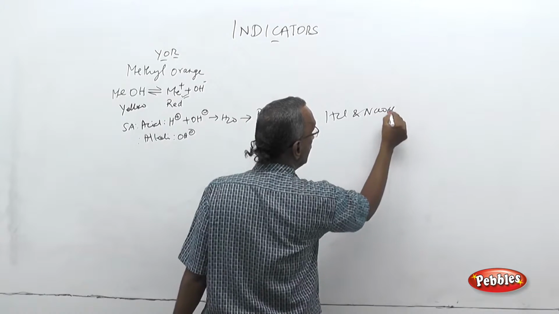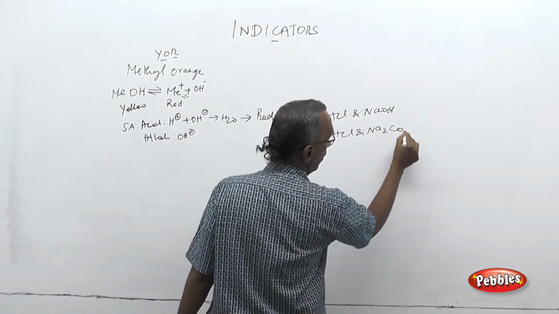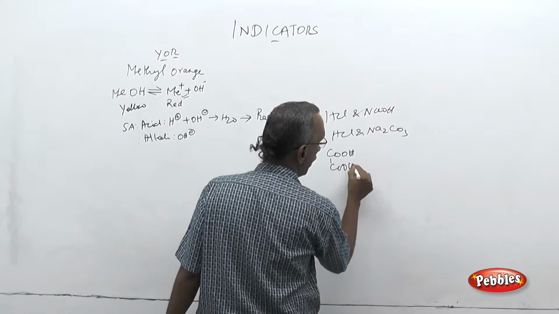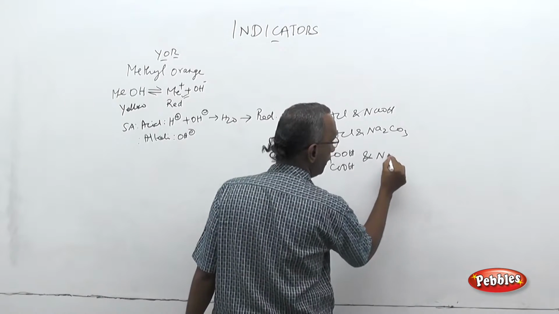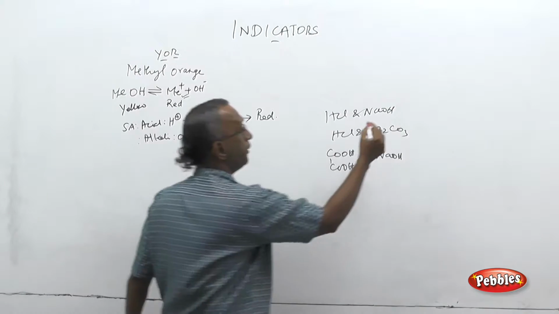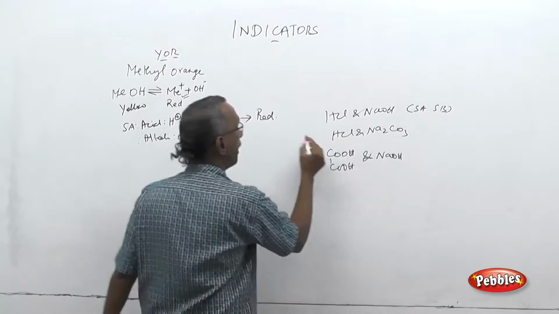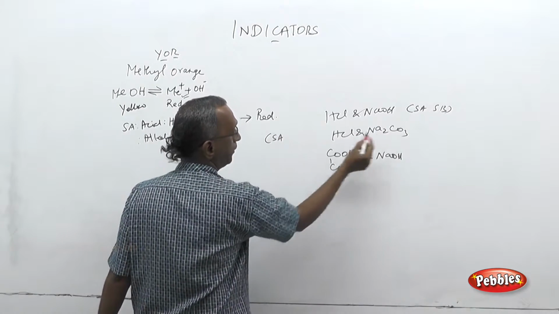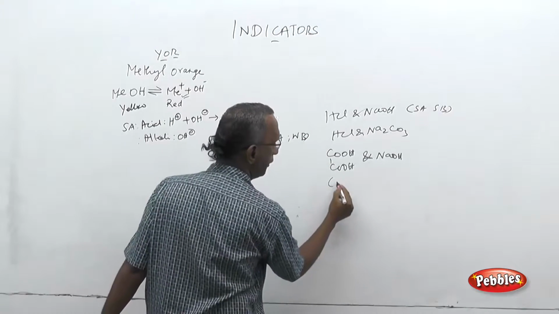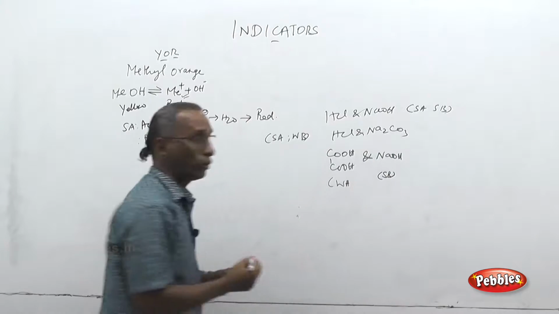What happens with HCl and Na2CO3, or oxalic acid and NaOH? These are the different combinations, and each has importance. This is the strong acid, strong base combination. Here the acid is strong, but sodium carbonate is a weak base. Here the acid is weak, and sodium hydroxide is a strong base. That is to be noted.